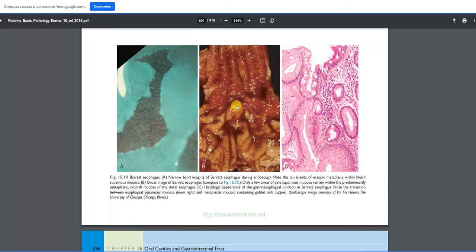And this is a gross view of this. It's visible that the epithelia and mucosa of the esophagus resemble the mucosa of the stomach. So it happens due to chronic reflux of gastric juice.